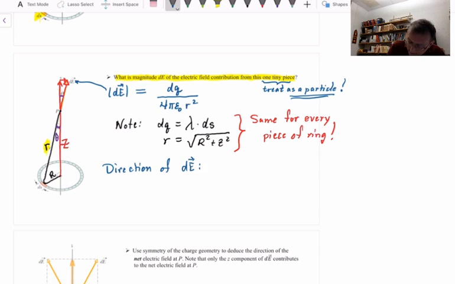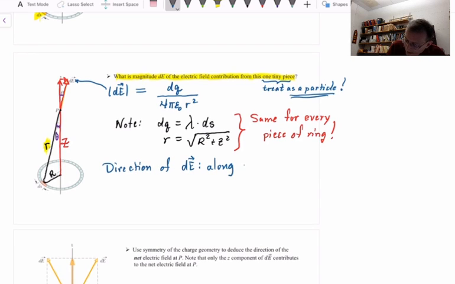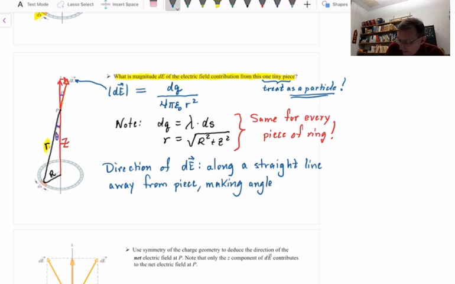The direction of dE is, as the picture shows, along a straight line away from the piece that we are looking at, making an angle theta with the z-axis. Does that make sense? That's the direction of dE.